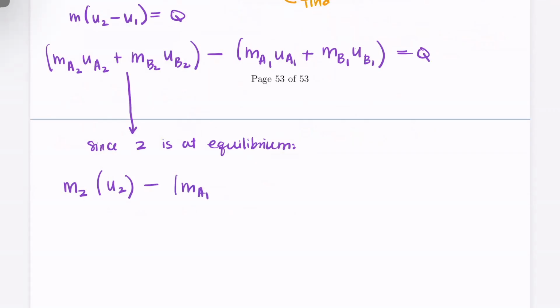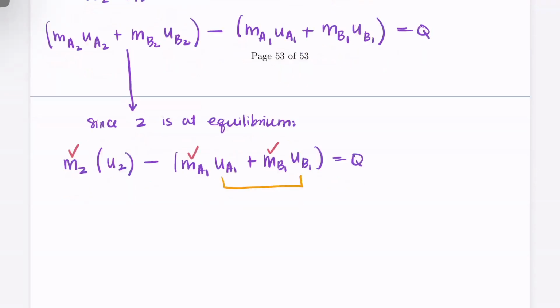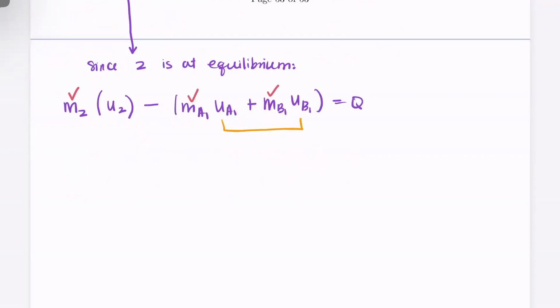So I have MA1 UA1 plus MB1 UB1 is equal to Q. Okay, we already know from the last part what M2 is, what MA is, and what MB is for state 1. For UA1 and UB1, we know the following.